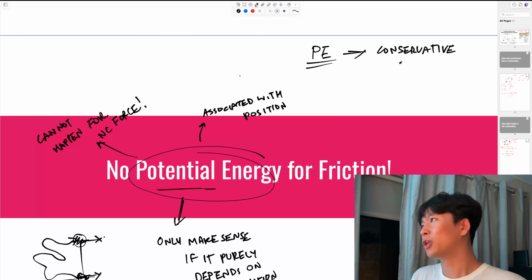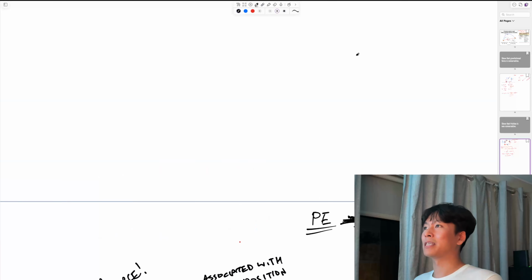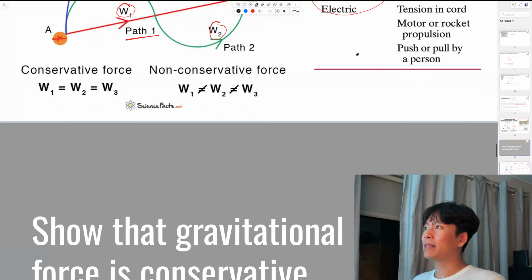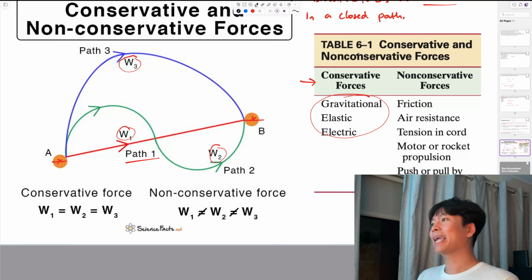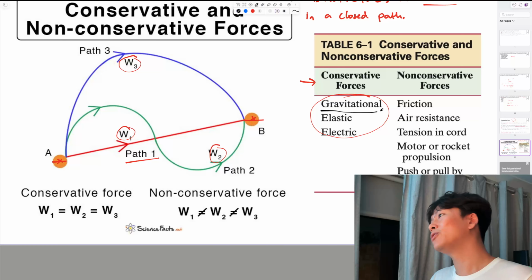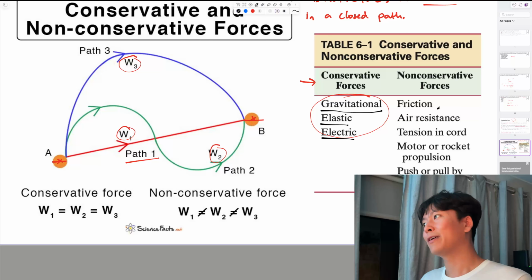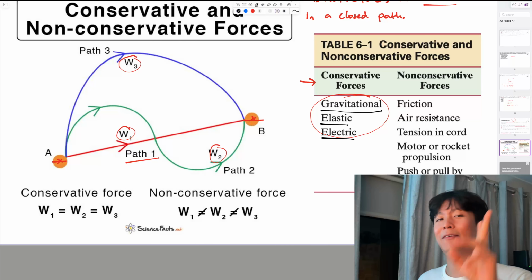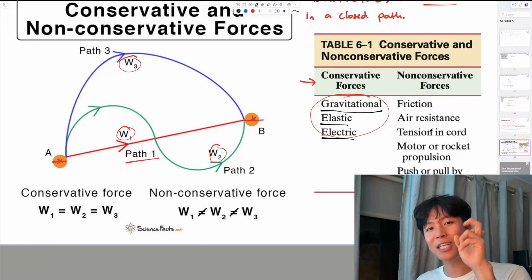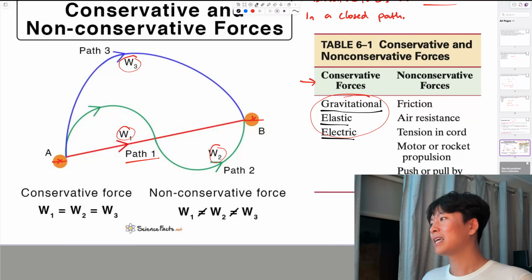Because non-conservative forces cannot have potential energy, the only forces that can have potential are conservative forces. And so that would mean things like these: I can have gravitational potential energy, I can have elastic potential energy, I can have electrical potential energy. I cannot have friction potential, I cannot have air resistance potential, I cannot have tension potential. So these ones I cannot have.